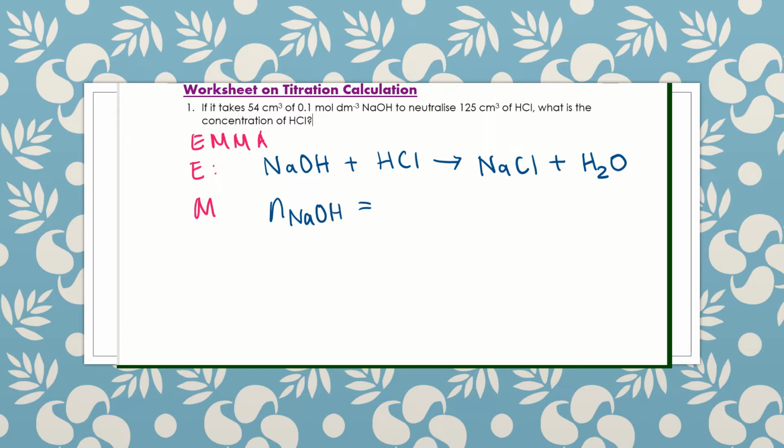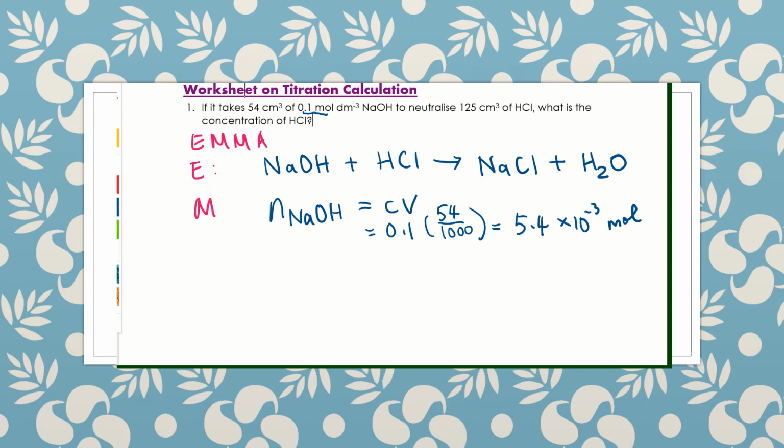To find the mole for a solution, we use the formula n = CV, C for concentration, V for volume, and the volume has to be in dm³. I'm going to substitute concentration 0.1 right here, and volume 54 cm³, so you have to divide by 1000, and the number of mole is 5.4 × 10⁻³ mol. So this is step 2.